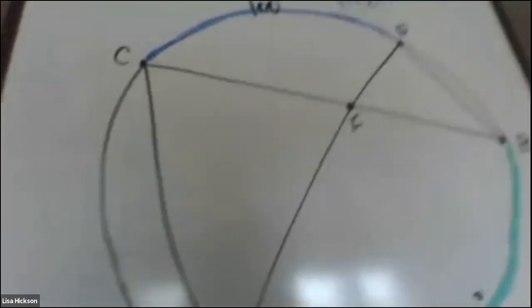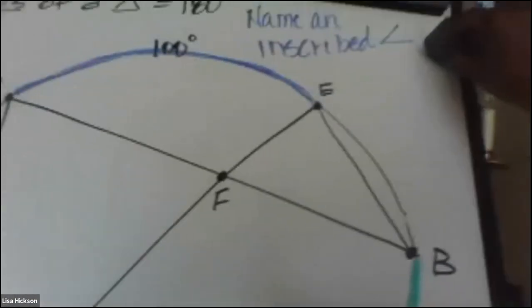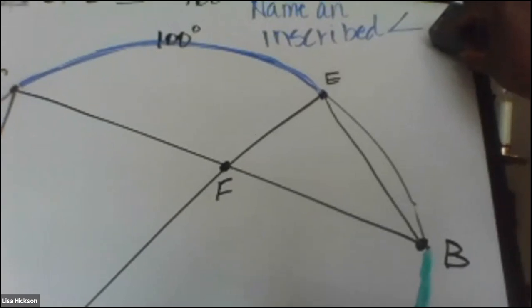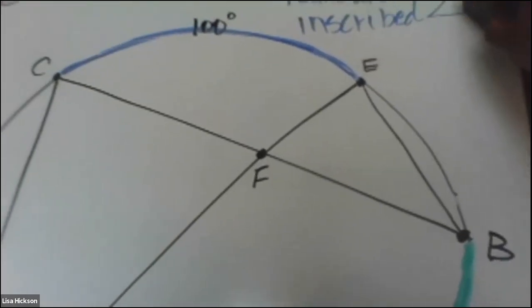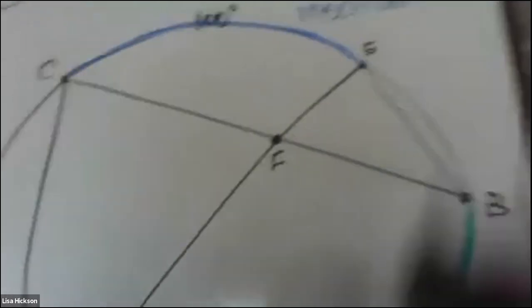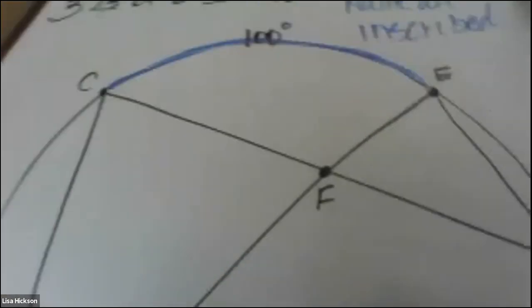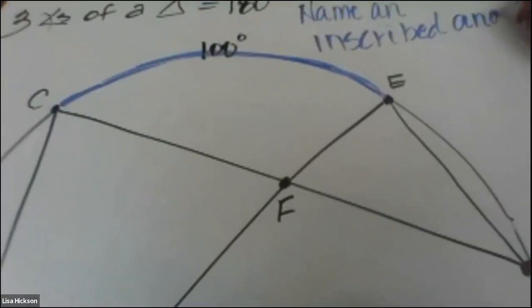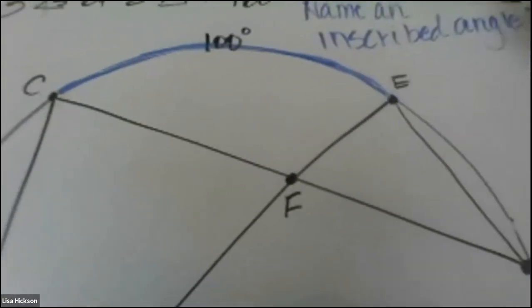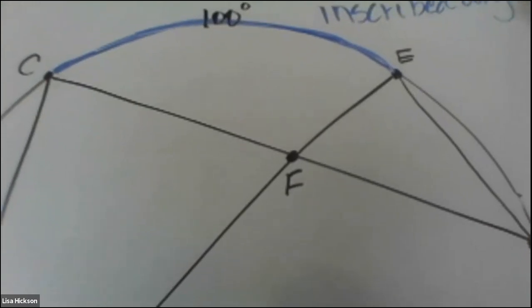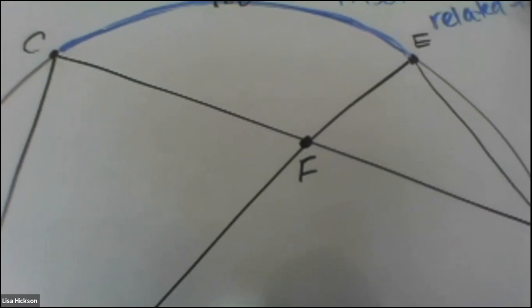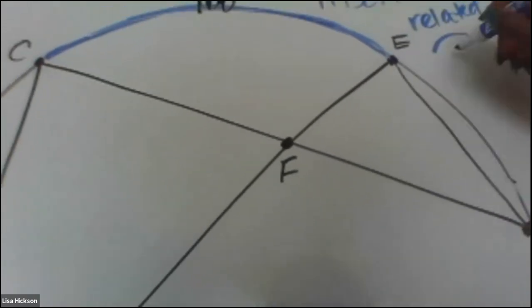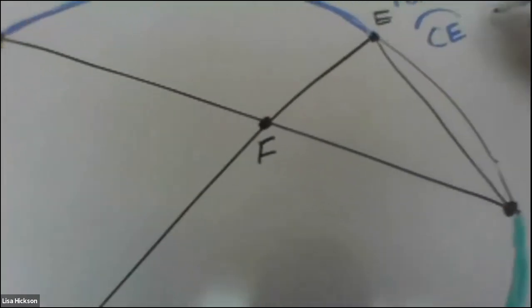Oh, you told me stop using the symbol, but you need to know what the symbol looks like. Because in print, they save paper, they save ink by using the symbol versus writing out angle. You know? Letters are money. Name the inscribed angles, and I'm going to put an S because there are two, related to arc CE, which is 100 degrees.